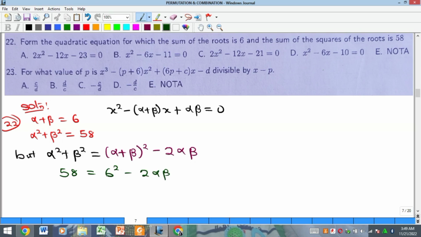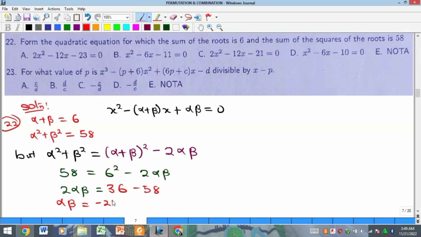So take this to this side and bring this to this side. If this one comes here, it becomes positive 2 alpha beta, and that is equal to 6 squared, which is 36, and 58 coming here becomes minus 58. And so that is going to give me that alpha beta is equal to negative 22.